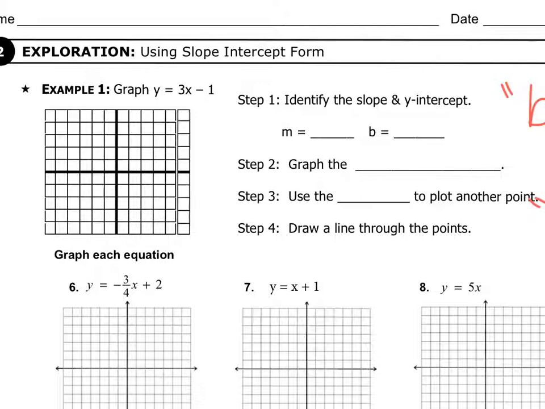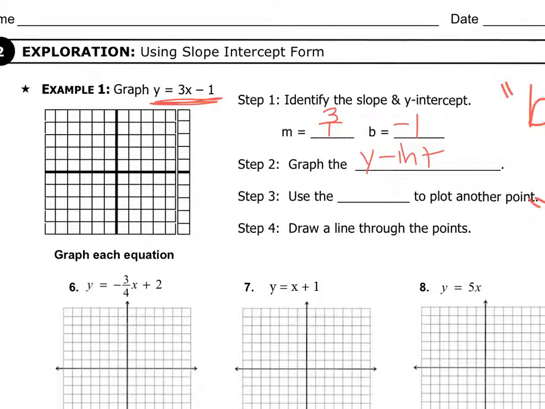So from my graph up here, y equals 3x minus 1. What is my slope? What's my m, guys? 3, or 3 over 1, right? What is my y-intercept, my b, my number back there all by itself? Negative 1. So first I want to graph the y-intercept on the y-axis.